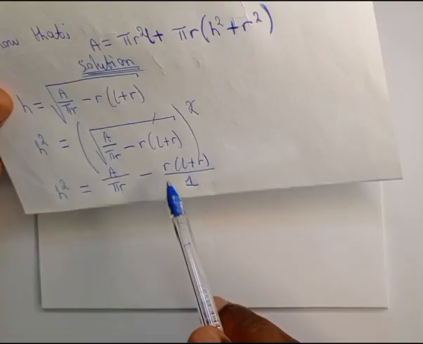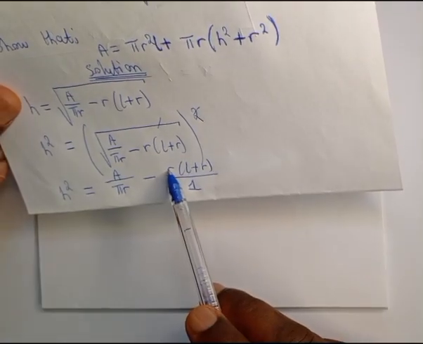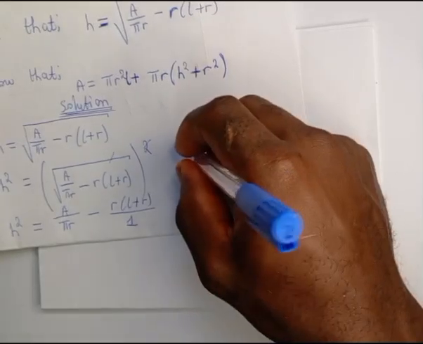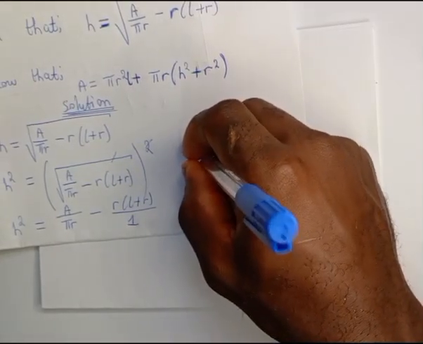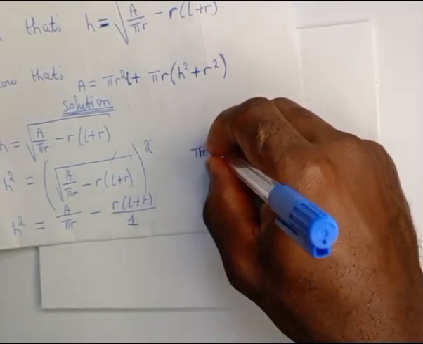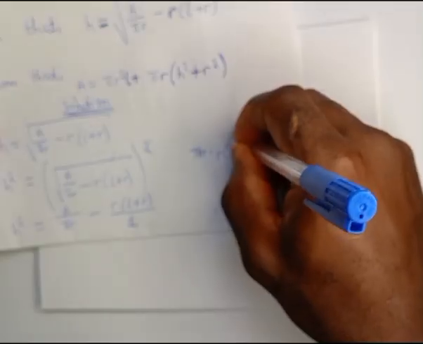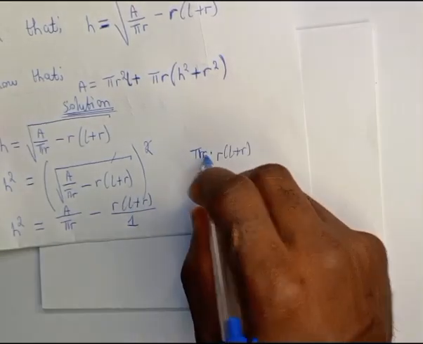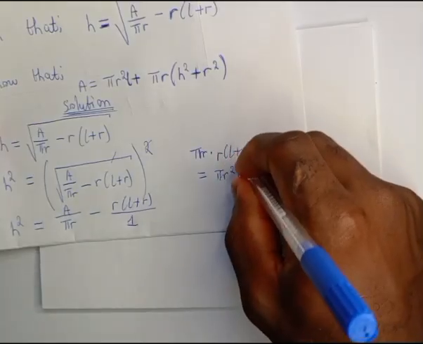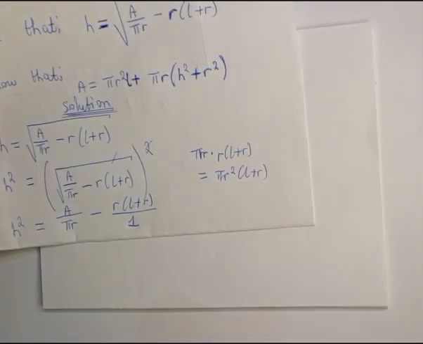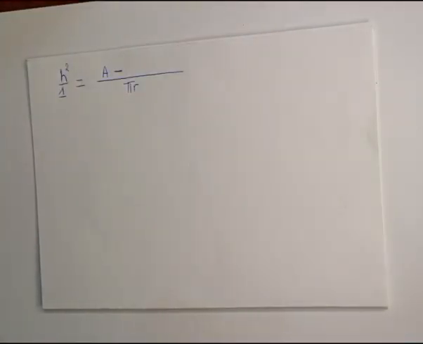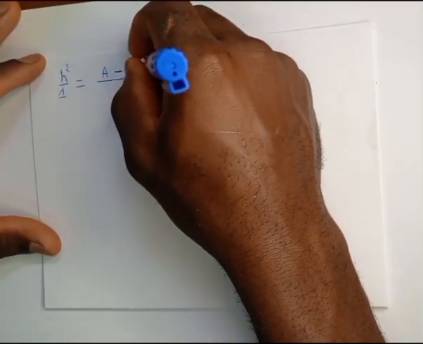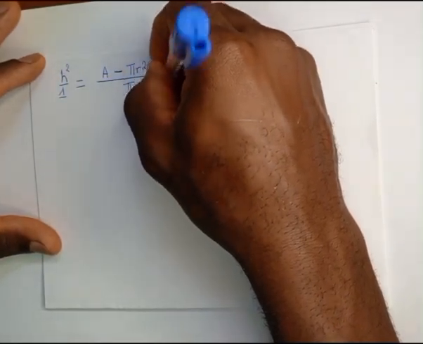Then we have to multiply pi r by r times L plus r. We take pi r times r times L plus r. This will simply be equal to pi r times r gives us r squared times L plus r. Here I'll write down pi r squared times L plus r.